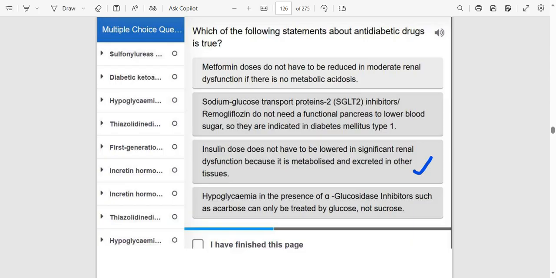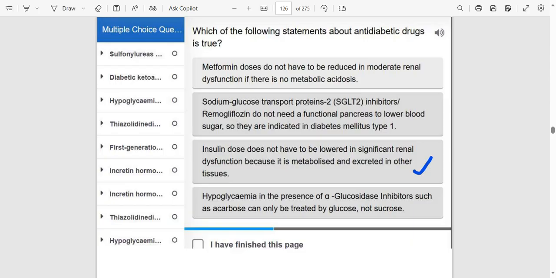So the statement just doesn't add up, isn't it? Insulin dose does not have to be lowered in significant renal dysfunction. For this one, I don't know directly about insulin, but glucose is excreted in urine. But the statement just sounds wrong. I don't know why it sounds wrong, but that is not something that we can use as medical. Sounds wrong. So we need some proof.